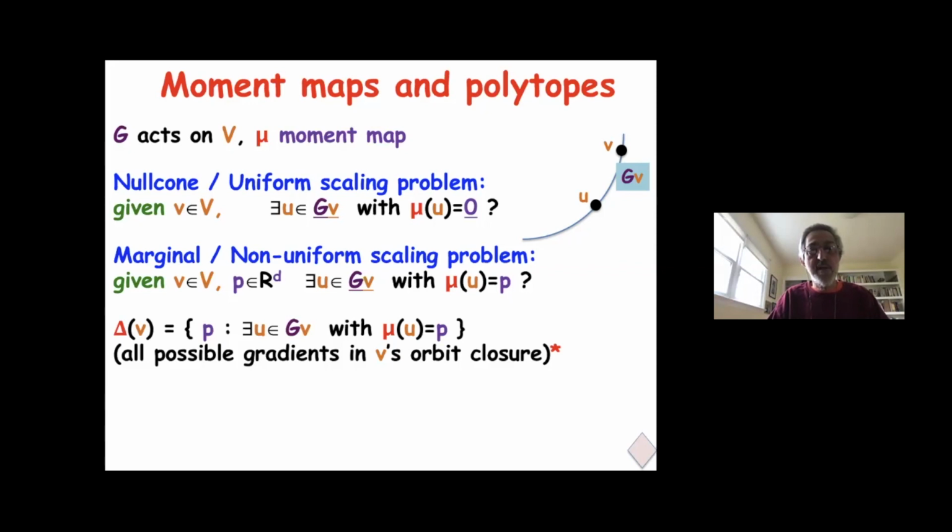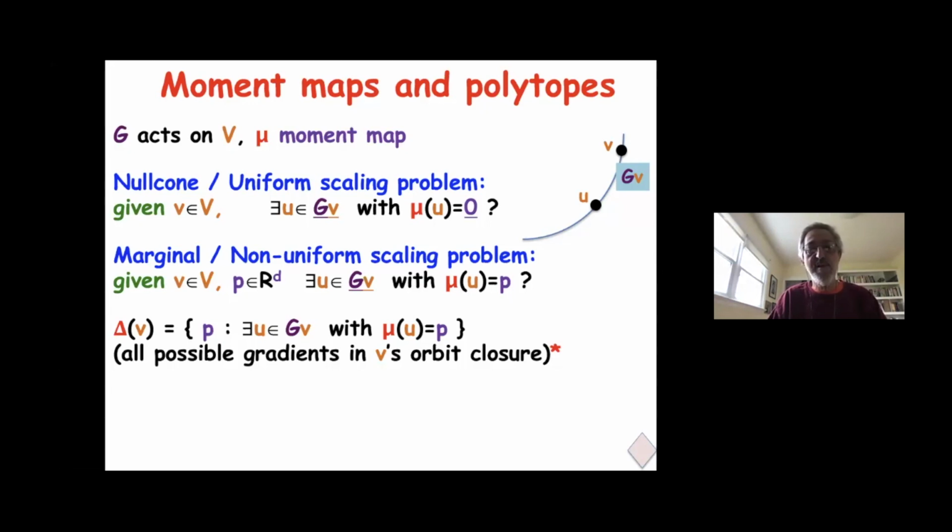So what is this? This is all points P that occur as gradients on the orbit. I put this red star to tell you I'm cheating: one has to mod out by various things, like the maximal compact group and the Weyl group.